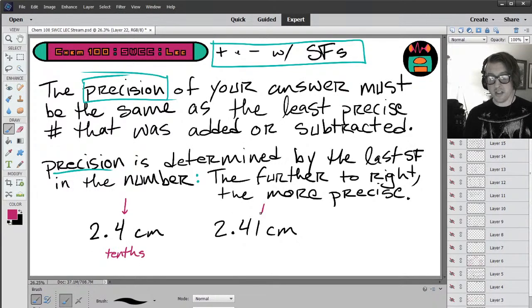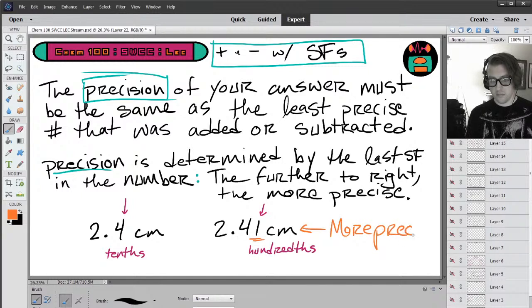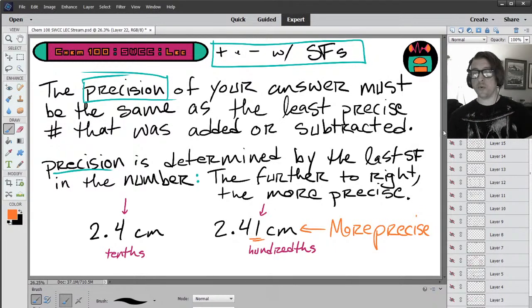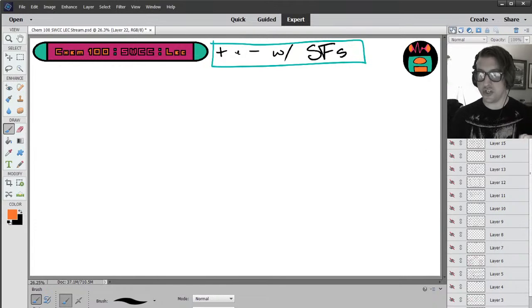For 2.41, the last significant digit is in the hundredths. Because this one is further to the right, it's more precise. So that's precision.